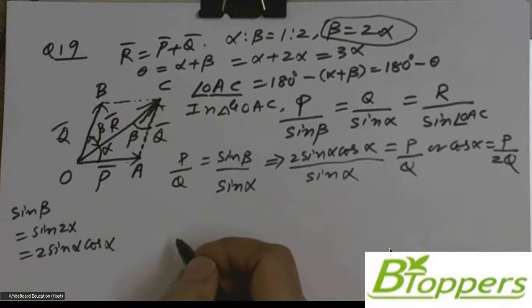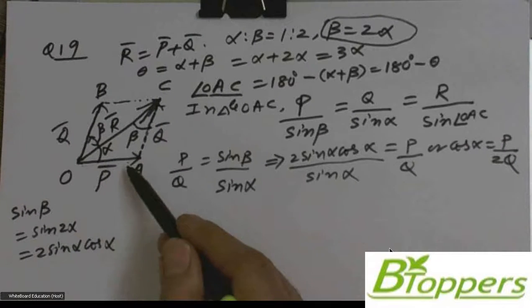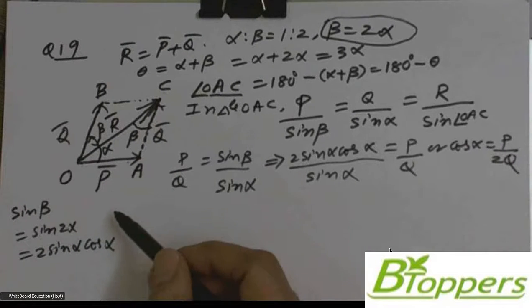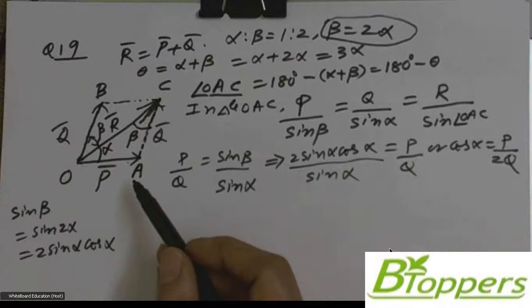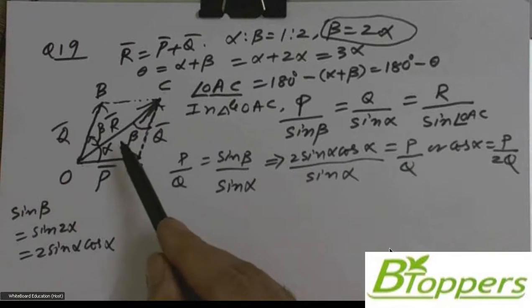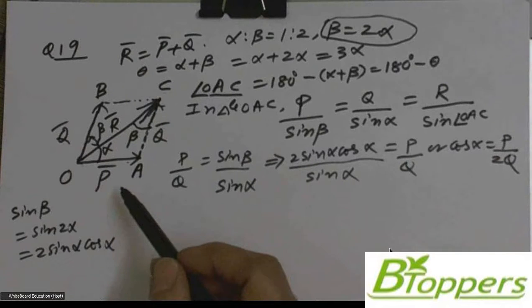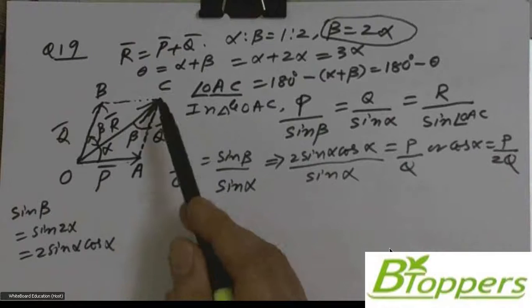They ask you to find the magnitude of the resultant of P bar and Q bar in terms of P and Q. From the parallelogram law of addition of vectors, the magnitude of the resultant is given by R equal to the root of P square plus Q square plus 2PQ cos theta.